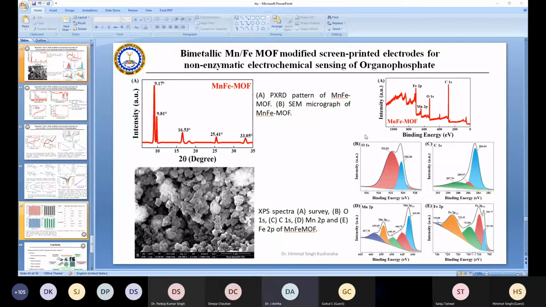Sir, how about natural plants being used for wastewater treatment? If you combine some plants and nanomaterials, how would it work? By using natural plants, you can synthesize biochar.